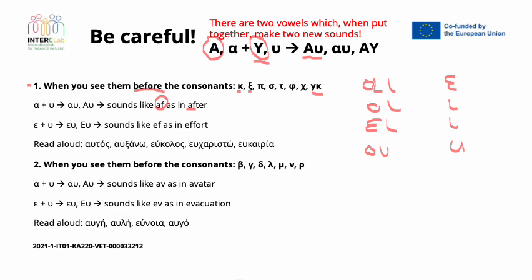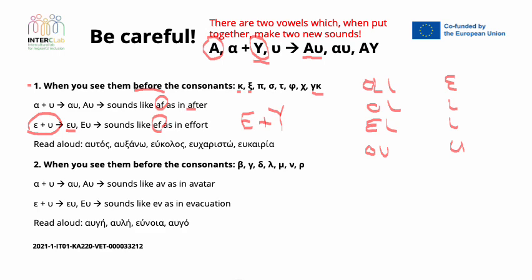The same thing we said about a and e also goes, be careful, for e and e as well. So when you see e and e next to each other, as you see here, before these consonants, then they make the sound ef, as in effort.